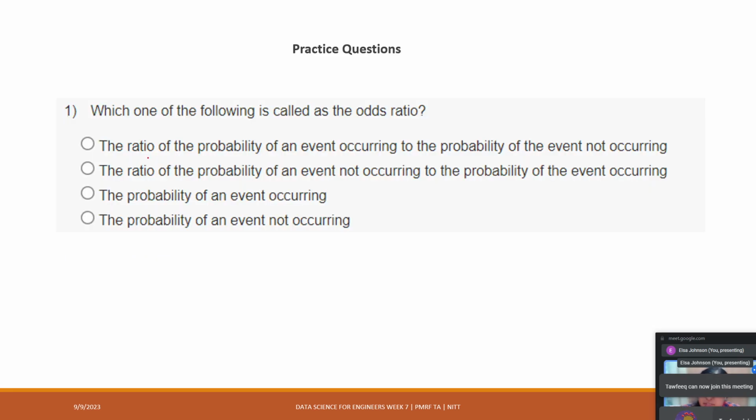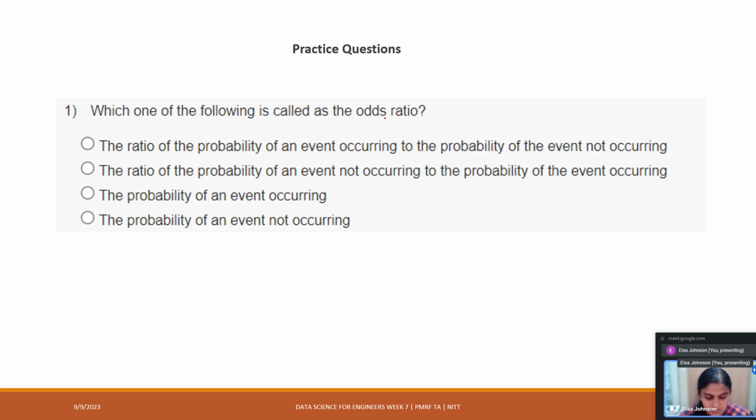Then some practice questions. Which one of the following is called the odds ratio? The ratio of the probability of an event occurring to the probability of the event not occurring.